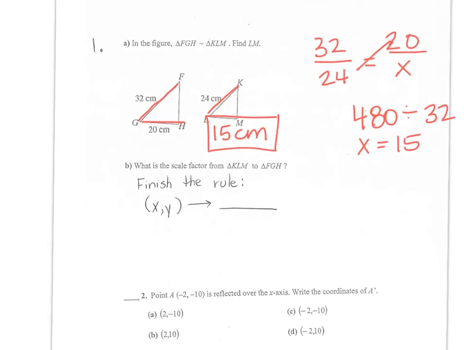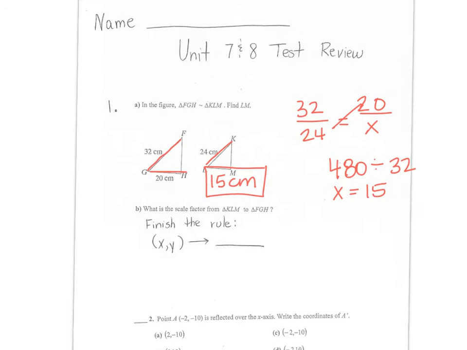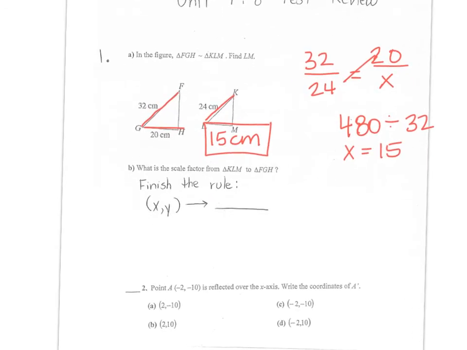Okay, if I am looking at the scale factor from triangle KLM to triangle FGH, let me look at that here. That is saying that this is your old and you are going to your new.